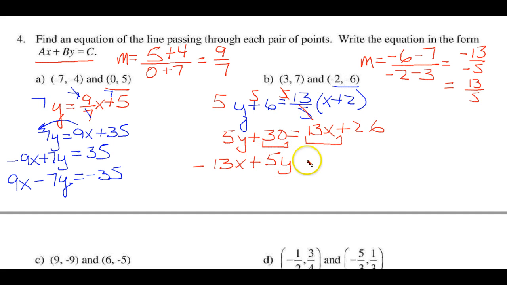Transpose this, and on this side it becomes a negative 30. So this is going to equal a negative 4. And if we want to change our signs, this just becomes opposite, multiplying every term by negative 1. 13x minus 5y equals 4.